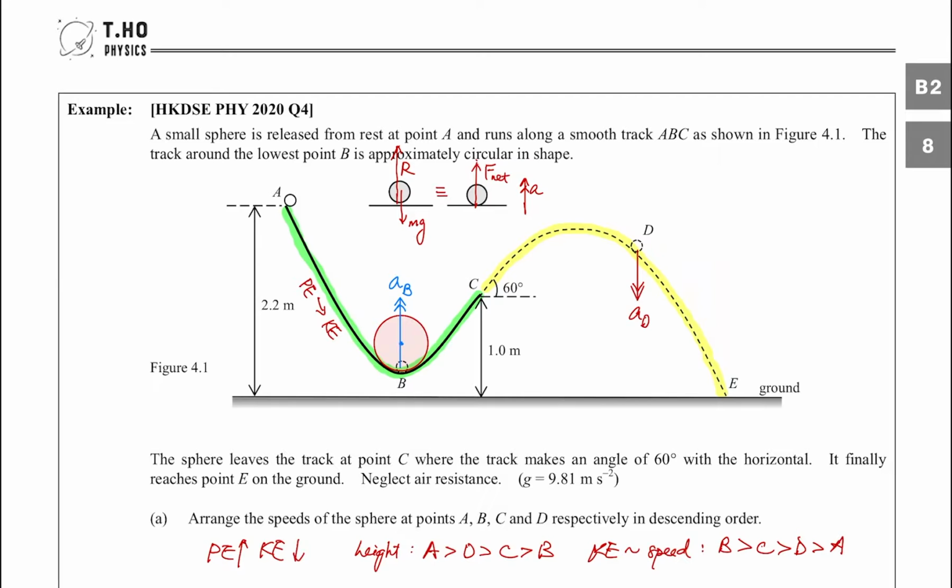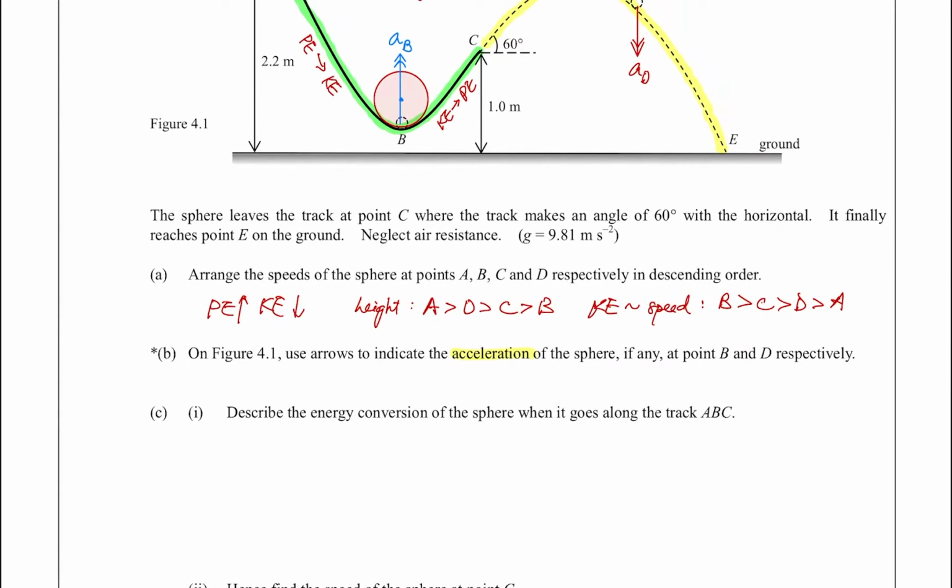After it goes through the lowest point B, it goes up again, so it would change its KE into PE. So there are two sections, and we can write that down. From A to B, GPE to KE. B to C, KE converts to GPE.